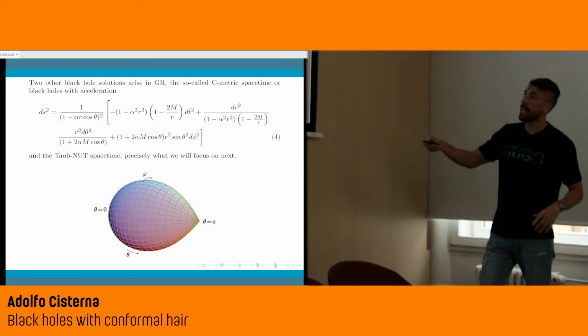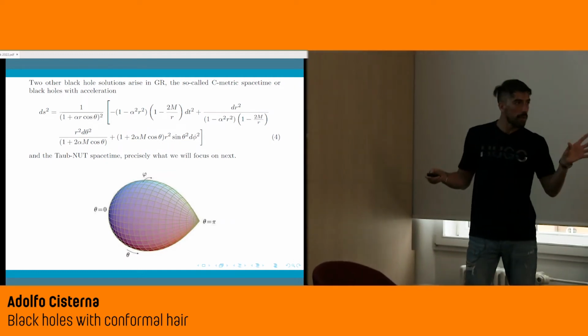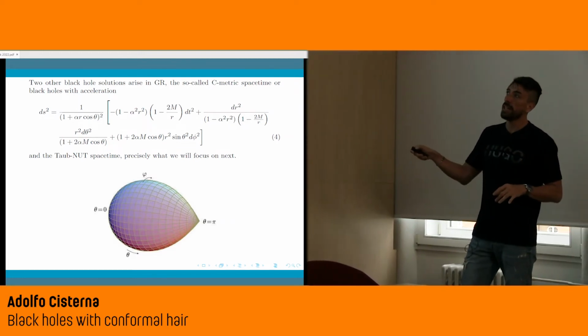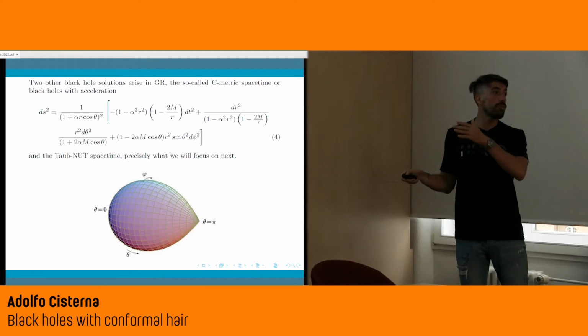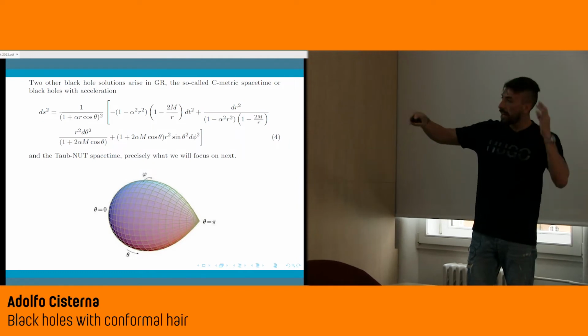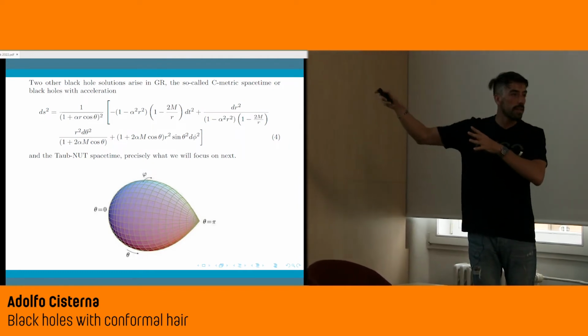And there is one more space-time which also has some particular properties related with these topological things, which is called the Taub-NUT space-time, and it's the space-time we are going to focus on. I'm going to give you all the details of the space-time in a few slides, so I'm not going to enter into it now.